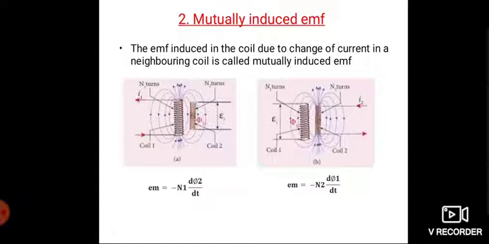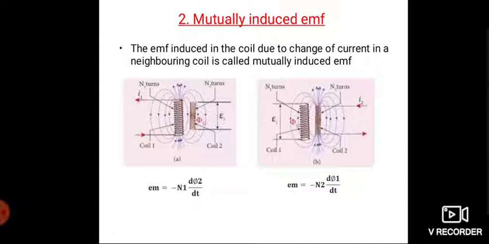Mutually induced EMF: the EMF induced in the coil due to change of current in a neighboring coil is called mutually induced EMF. Consider figure 1. There are two coils, coil 1 and coil 2, placed near to each other. If current I1 flows in coil 1, the magnetic flux phi 1 is produced.